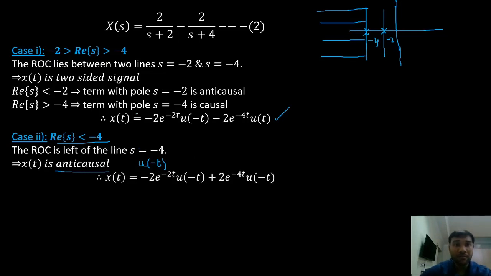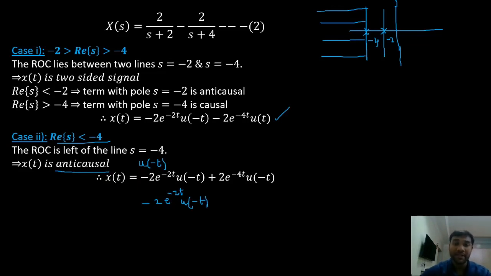For the first term, 2 is a constant, and the left-sided signal of 1 by s plus 2, right? Inverse Laplace transform of 1 by s plus 2 when the signal is anti-causal is e power minus 2t multiplied by a negative sign into u of minus t, right?